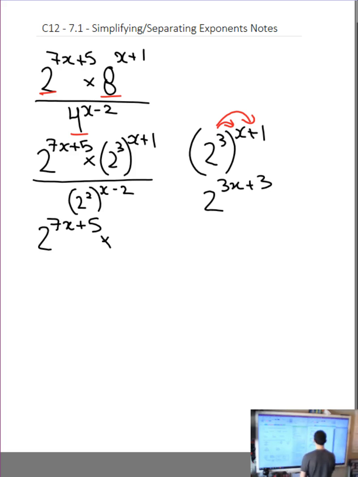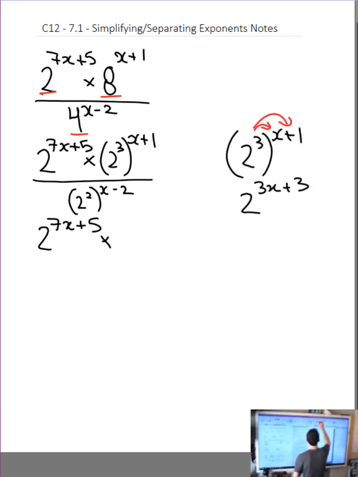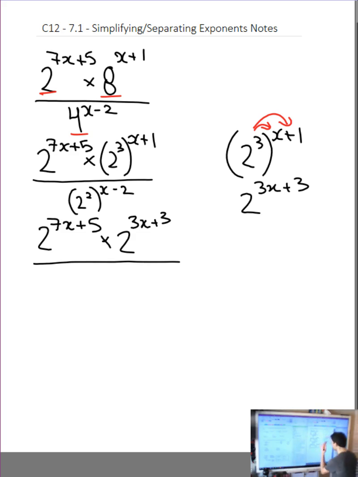Then I'm going to take that answer and I'm going to bring it back into the question. So times 2 to the 3x plus 3. I make a lot of mistakes when working in the equation, so it's really helpful to bring that thing off to the right, work on it all by itself, look at it clean, and then bring it back in.